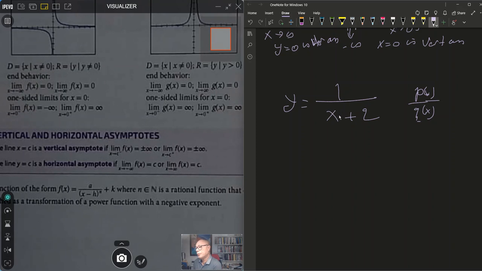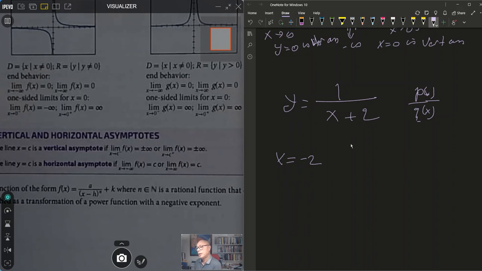But we can say x is going to minus 2. So when x equals minus 2, y here becomes 1 over 0, which cannot be, right?